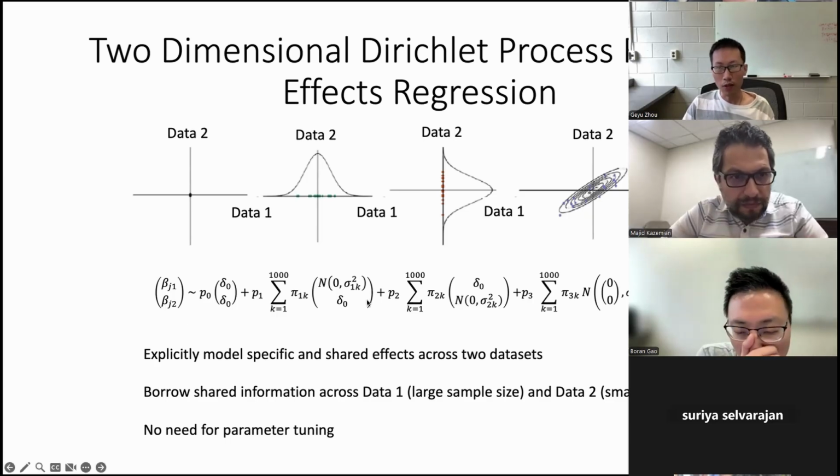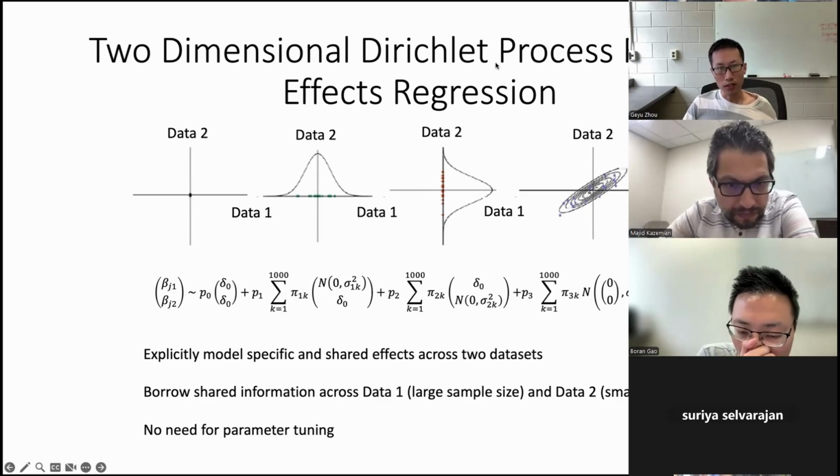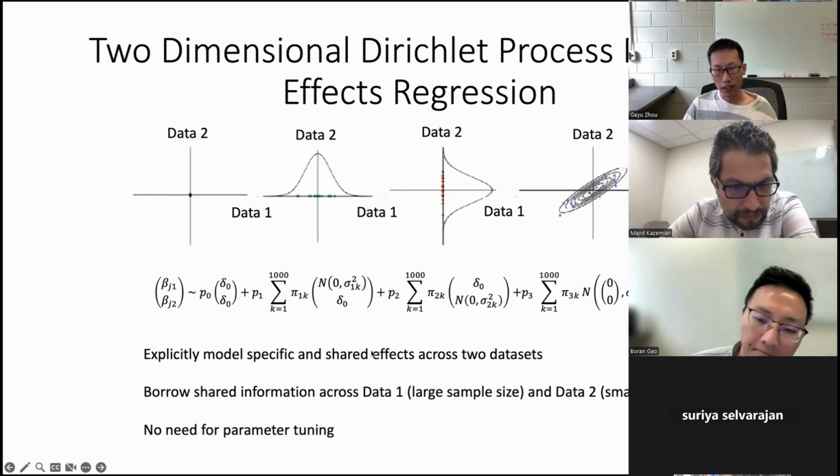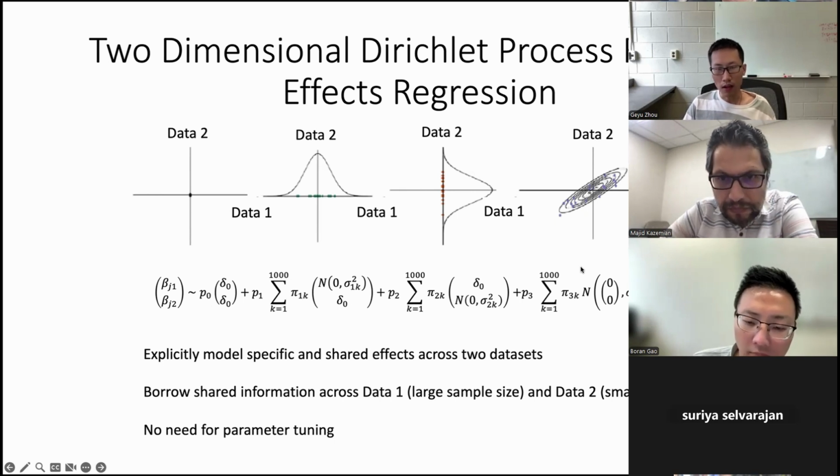This is a non-parametric model since we are using the Dirichlet process, so there's no need for parameter tuning. And this kind of model is typically fit using a Gibbs sampler and Markov chain Monte Carlo.